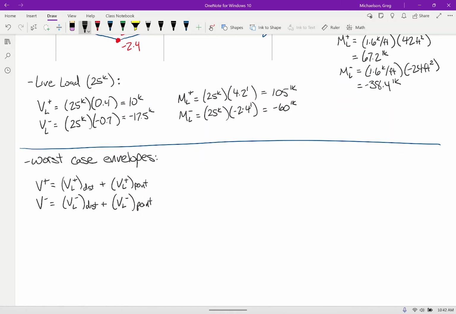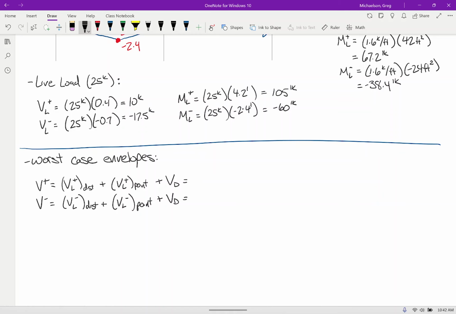But here's the thing about structures. Every beam must be strong enough to withstand its own self-weight. The dead load is there whether we like it or not. So we have to add the effects of the dead load to both of these because it's permanent.